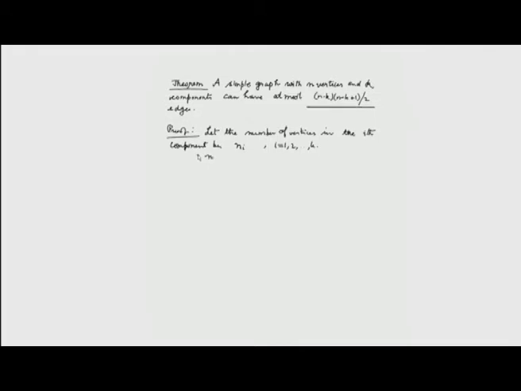Therefore, we have n1 plus n2 plus and so on up to nk is equal to n. We will use an inequality from algebra which is this, that the sum for i equal to 1 to k of ni square is less than or equal to n square minus (k minus 1) times (2n minus k). We will use this a little later.